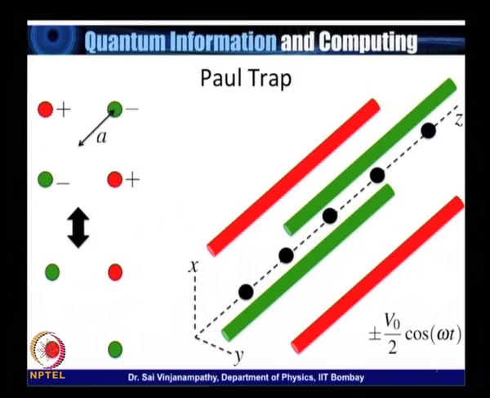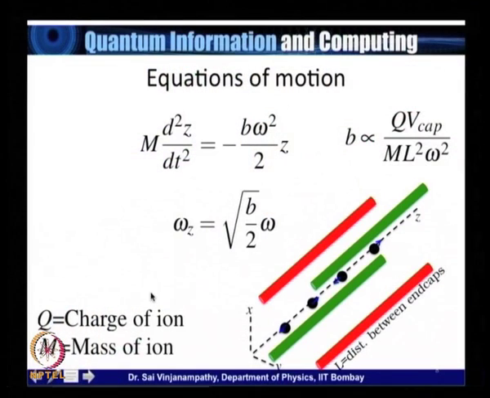Let's start with the simplest equation of motion, which is the z equation of motion. One can derive that the z equation of motion is that of a simple harmonic oscillator. m d squared z by dt squared is proportional to minus z. This proportionality constant, which is the frequency, has terms such as q, which is the charge of the ion, m, which is the mass of the ion, L, which is the distance between the end caps, and V cap, which is the cap potential.